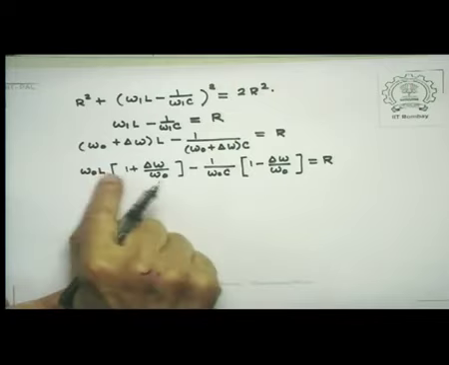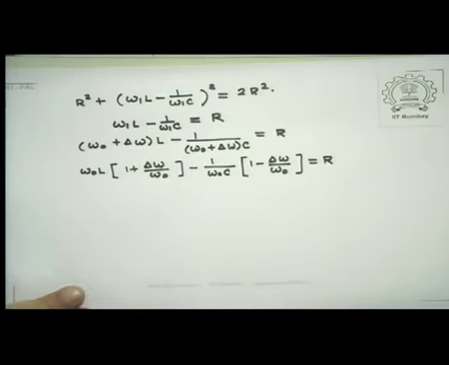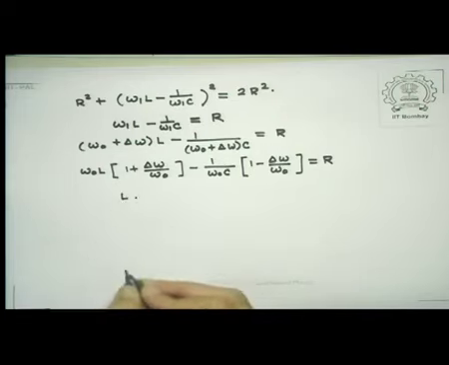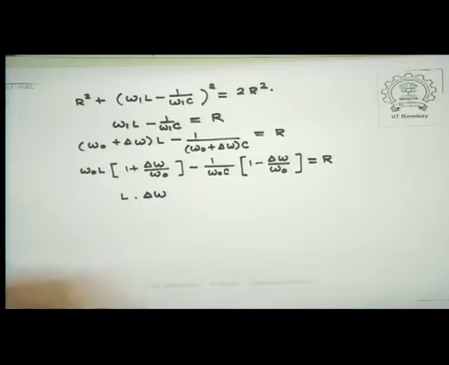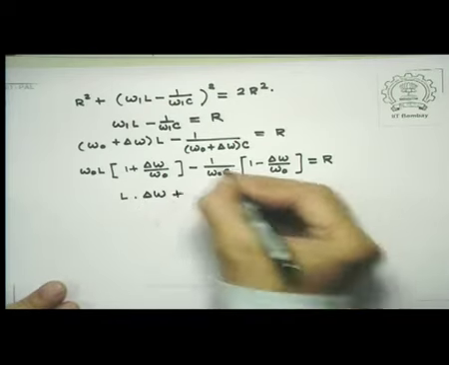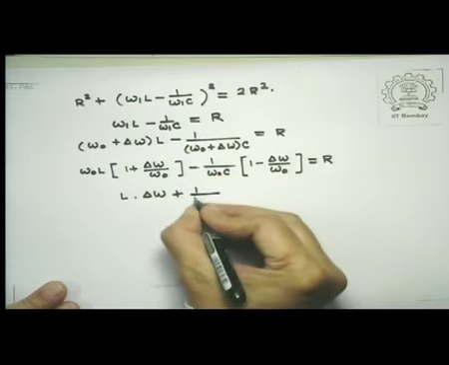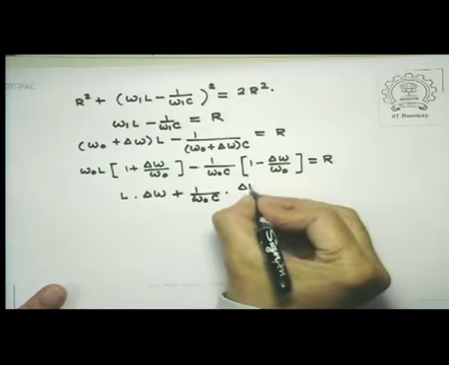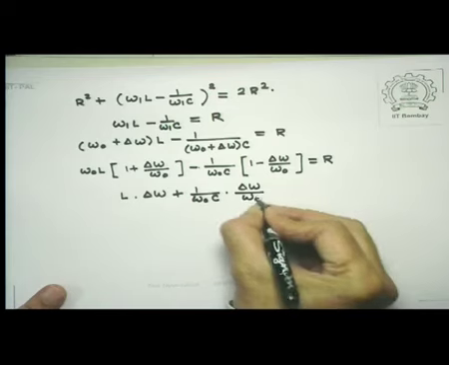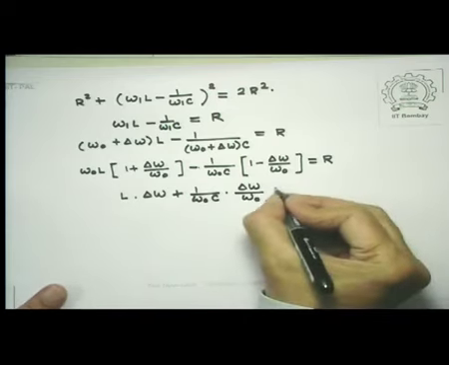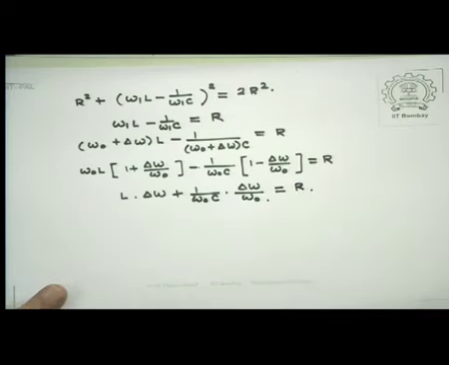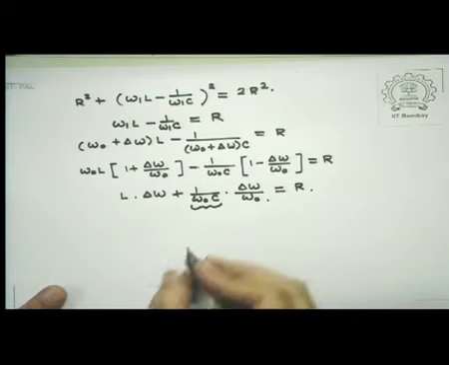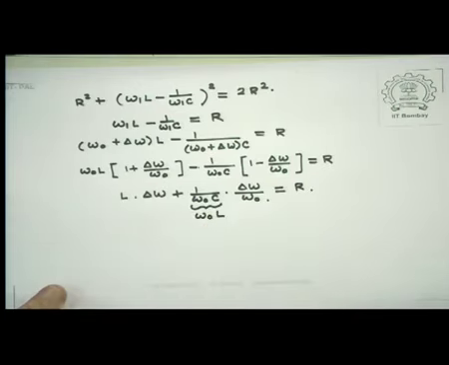So when you open this up, that term will cancel out, and I will be left with L times delta omega from this term, plus, because there is a minus here, 1 over omega 0 C times delta omega by omega 0, that's equal to R. And this term is nothing but omega 0 L at the resonance frequency.